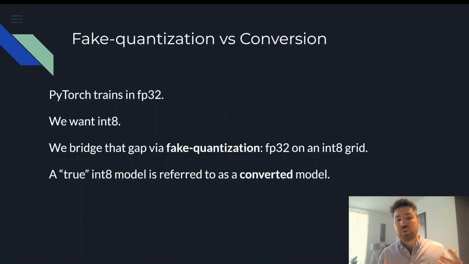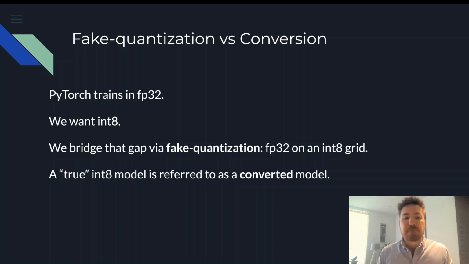So again, all of your tensors are still floating point 32. They take advantage of all of the different PyTorch techniques that are optimized for floating point 32, but your tensors are snapped onto this int8 grid. That's what we refer to as a fake quantized model. That isn't a true int8 model. It isn't doing all of the integer arithmetic and taking advantage of all of the benefits of int8, but it should be numerically identical.